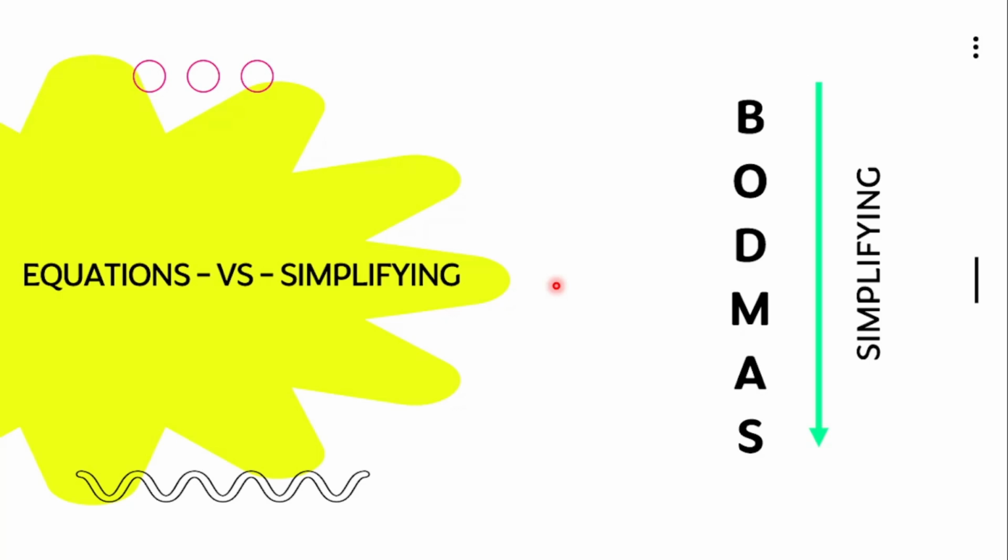Some of you might work with PEDMAS, which is parentheses, exponents, division, multiplication, addition, subtraction. It is the same concept, but what I want you to take from this slide is that when we are simplifying, we work BODMAS from the B all the way to the S. But now, when we work with equations, we work with BODMAS backwards.